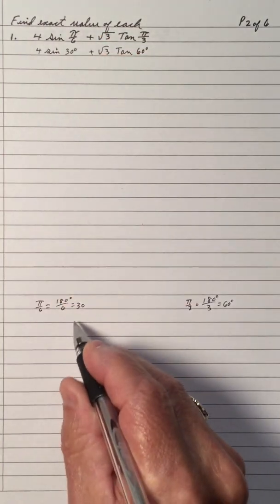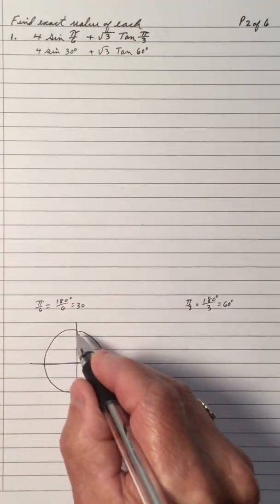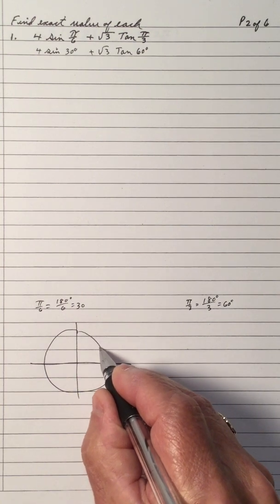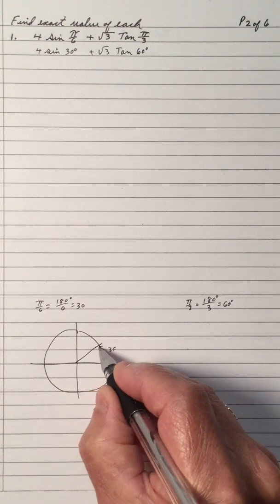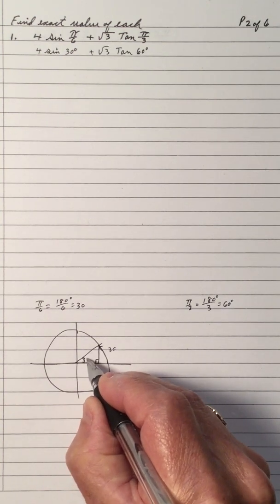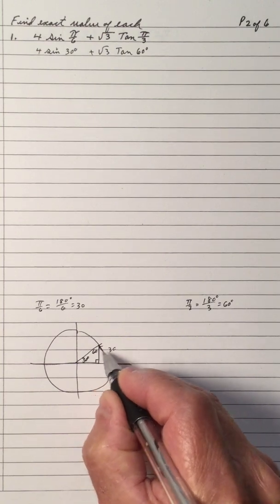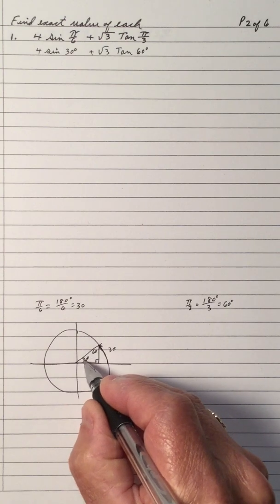So 30 degrees, let's draw a rotation on a circle of 30 degrees. There's the 30-degree rotation, and the terminal arm goes out through. You drop a perpendicular to the x-axis. There's your 30 degrees. There's your 60. Notice the rotation is 30, so the central angle is 30.